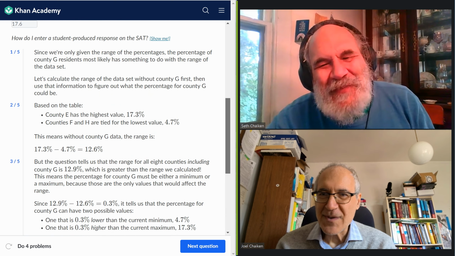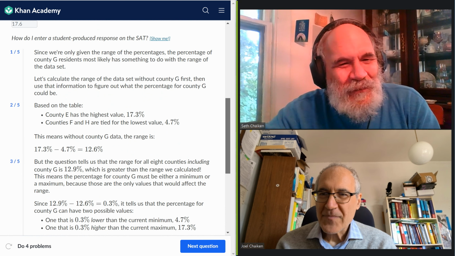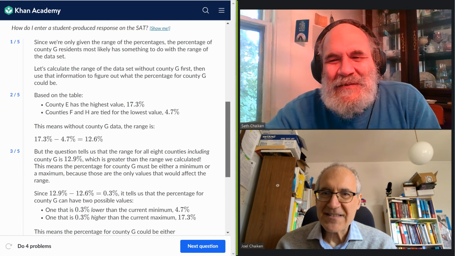Since we're given all the values, the percent of G most likely has something to do with the range.